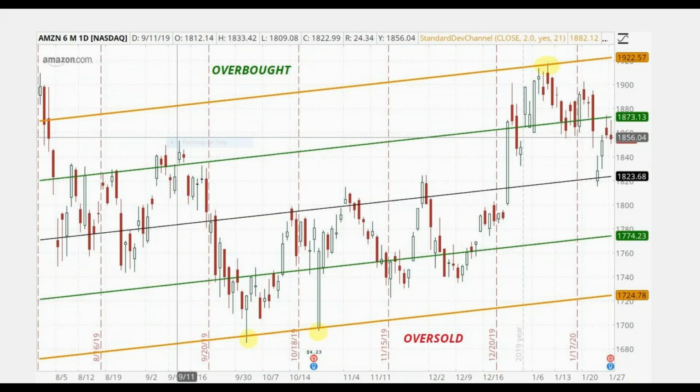And here's a chart that we looked at before with Amazon. And you can see that with the regression channel, you've got the plus or minus 1, plus or minus 2 standard deviation of the regression line. 95% of all prices contained within here.